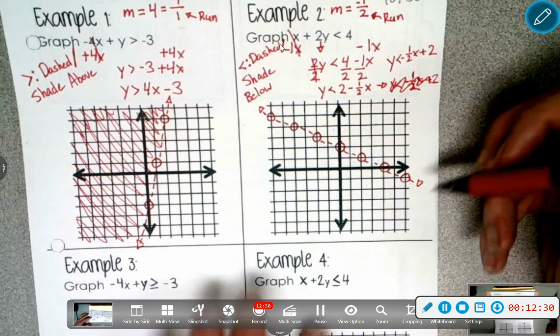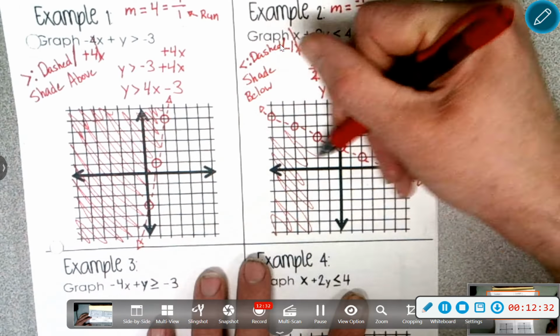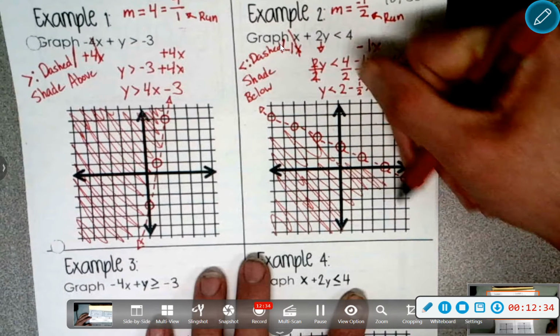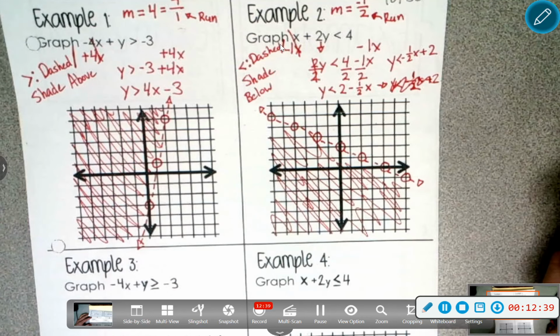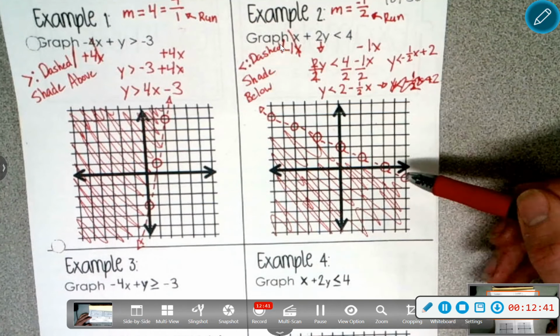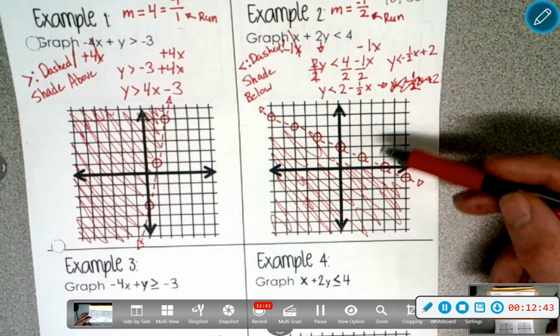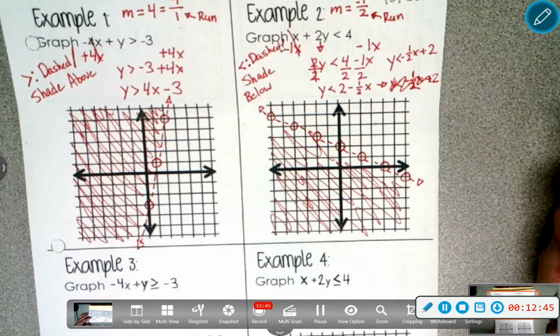Okay, so any questions about how we graph that line? How we got the slope-intercept equation? Why the line is dashed? Or why we shaded below?